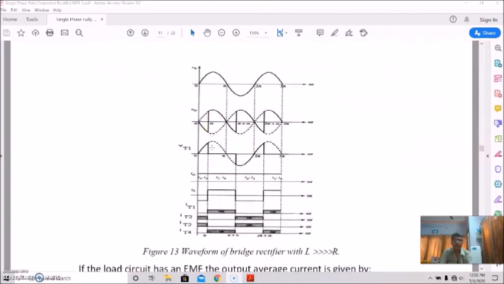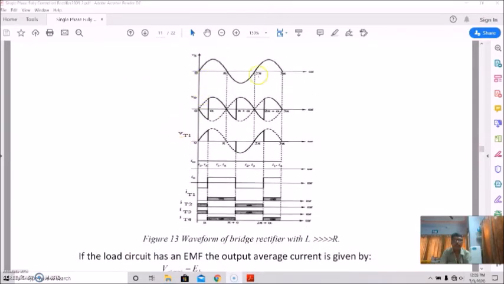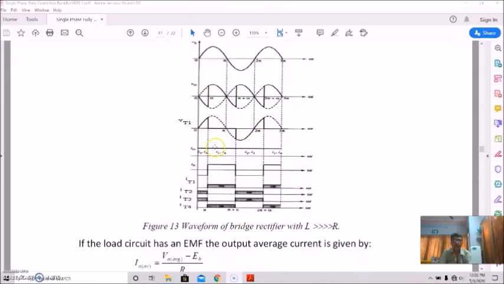The current cannot be zero. This is the source voltage, this is the output voltage, this is the voltage across the thyristor, and this is the output current. This is for the negative half.